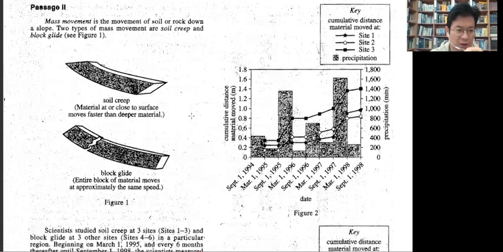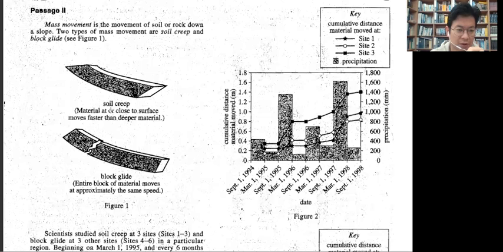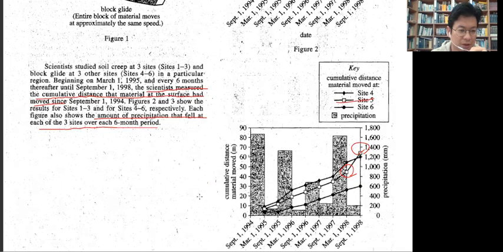Probably water, and if you think about figure 1, in soil creep material at the surface moves faster than deeper material, and in block glide the entire block of material moves at approximately the same speed. Okay.